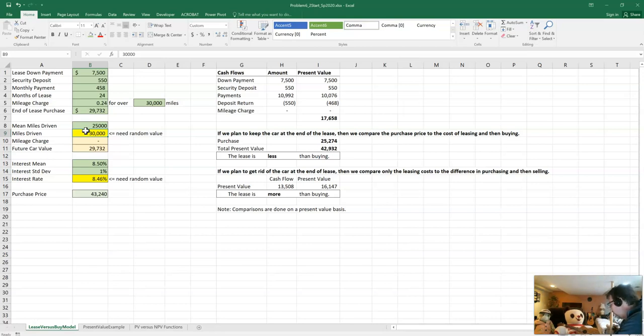It says to generate an exponential distribution, it's equal to negative the mean times the natural log of a random probability.